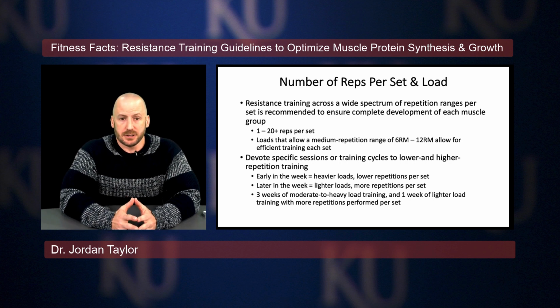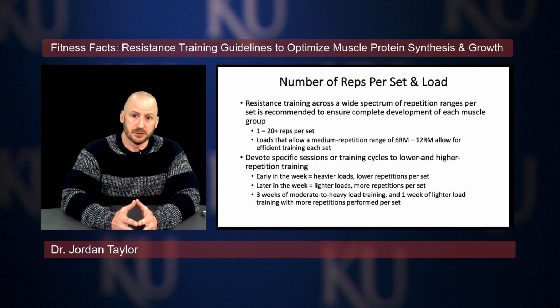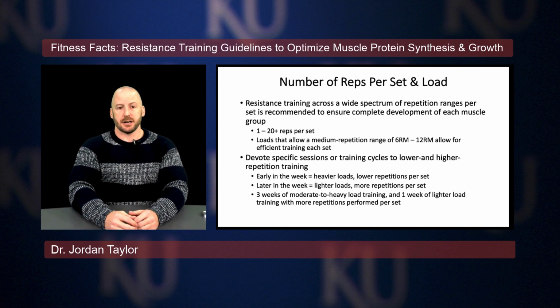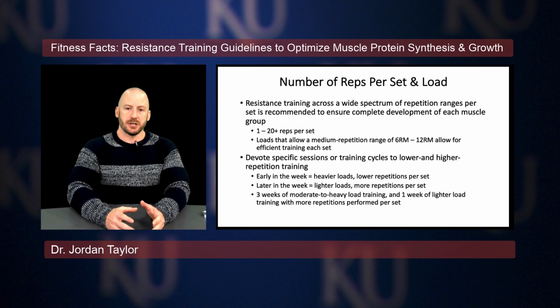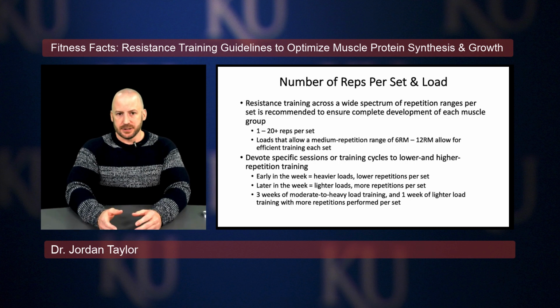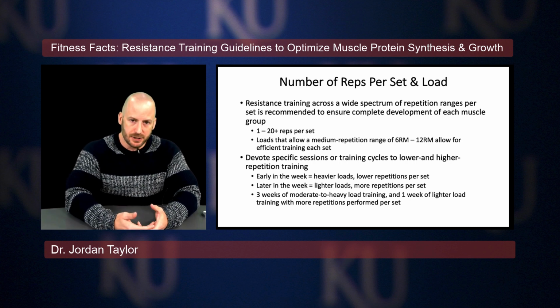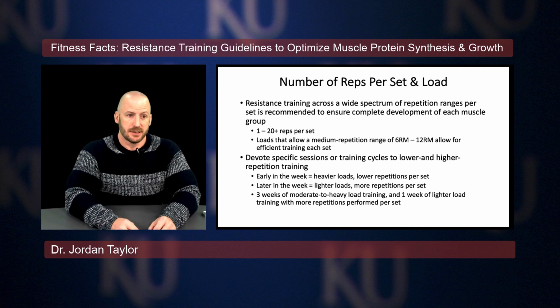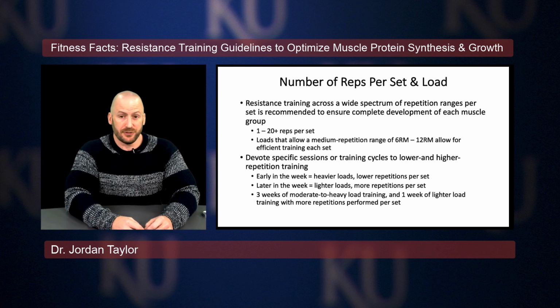Devote specific sessions or training cycles to lower and higher repetition training. So for instance, maybe earlier in the week, say on Monday and Tuesday, you train with heavier loads, right? So maybe you train with heavy loads where you can only do, say, 3 reps per set or 5 reps per set, right?